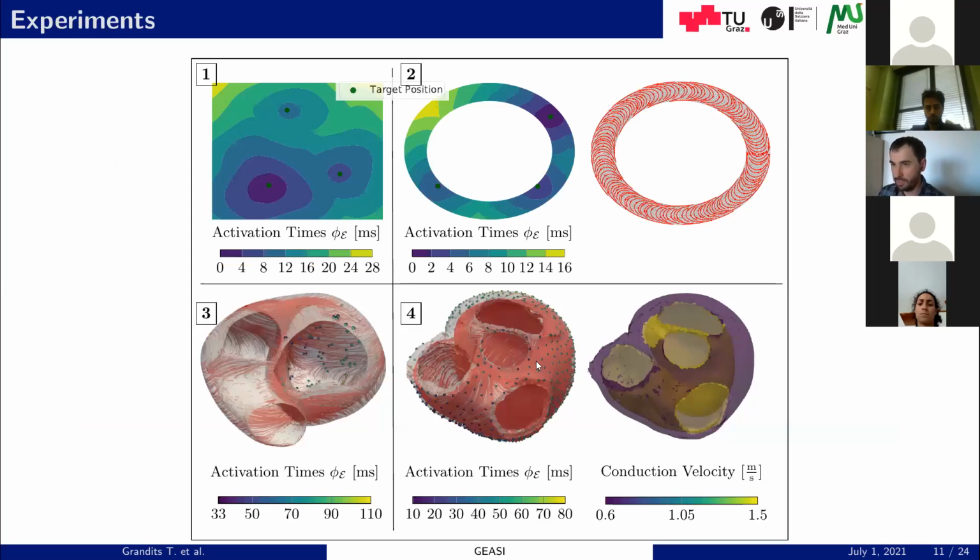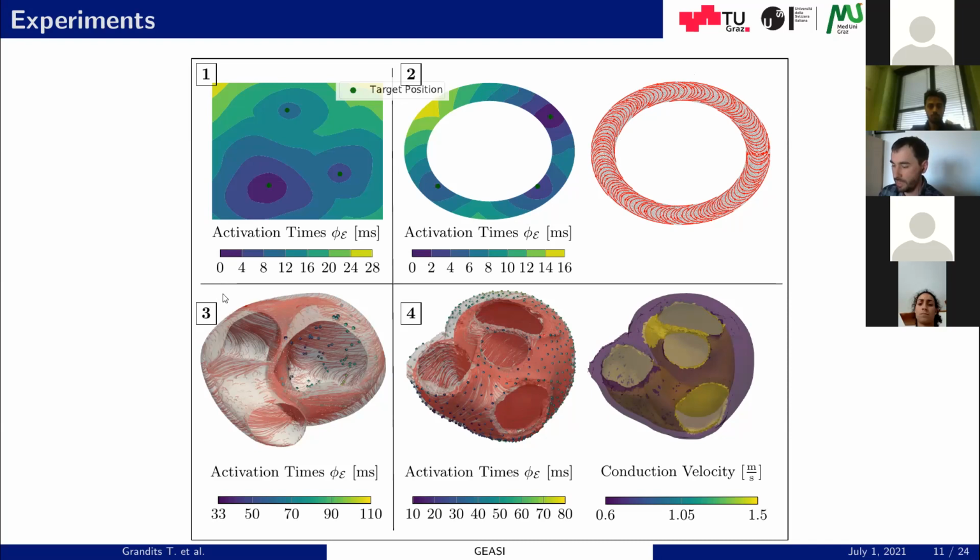We conducted several experiments. So on the top row, you can see 2D experiments. Again, the square domain with 3 earliest activation sites and the conduction velocity that you saw earlier. And the measurements are only given on the boundary. Similarly, a 2D idealized left ventricle slice. And again, we only got the measurements on the boundary, and we have some transmural fiber variation.